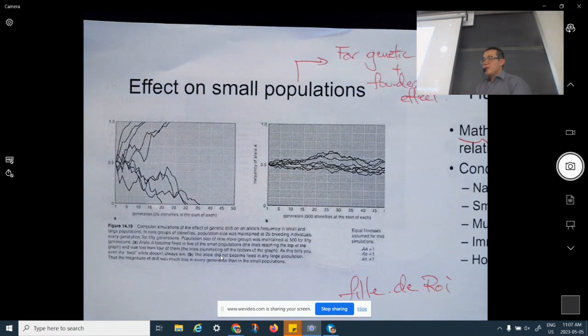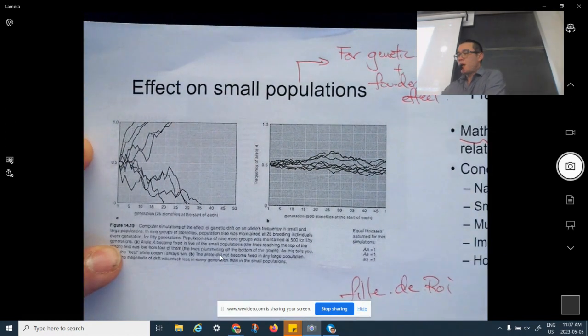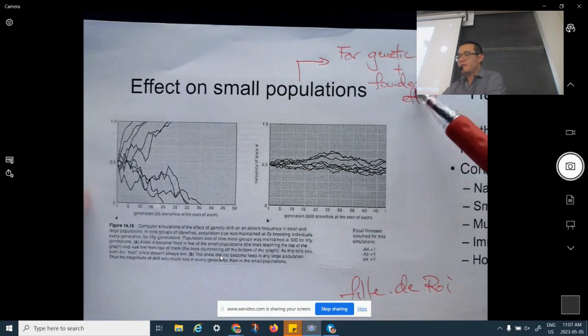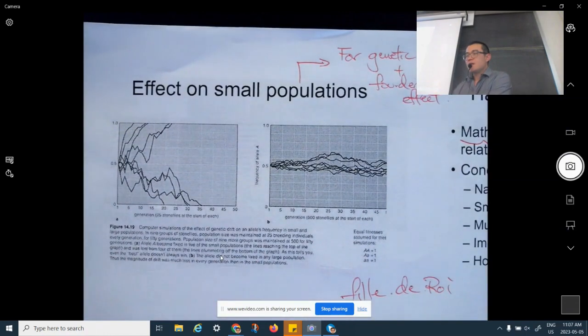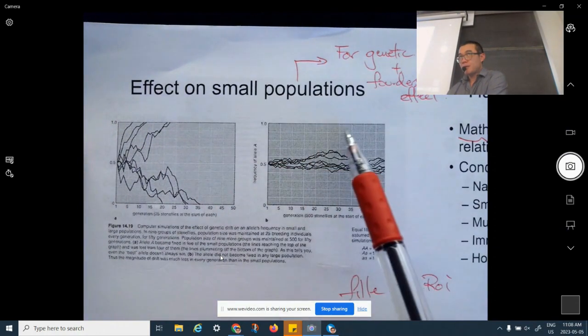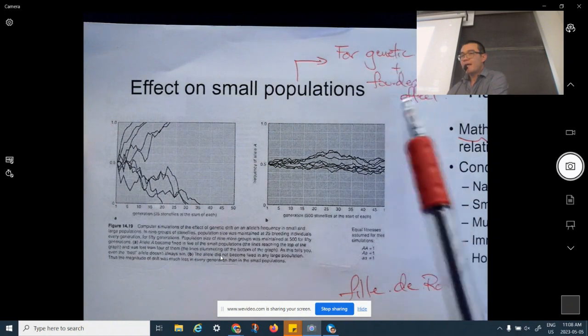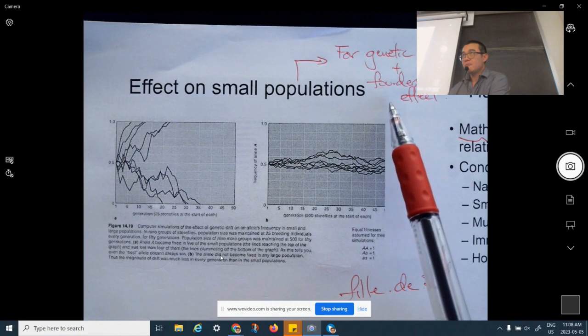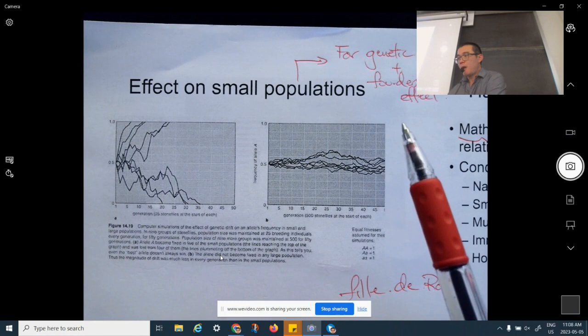Okay, so now the effect on small populations. We're talking about more like genetic drift and founder's effect. So genetic drift, as I said, is randomized events. Founder's effect might not be randomized. But essentially, just like in the puzzle video, if you have a smaller population to start with, the effect of genetic drift or founder's effect will be much bigger than if you had a larger population.